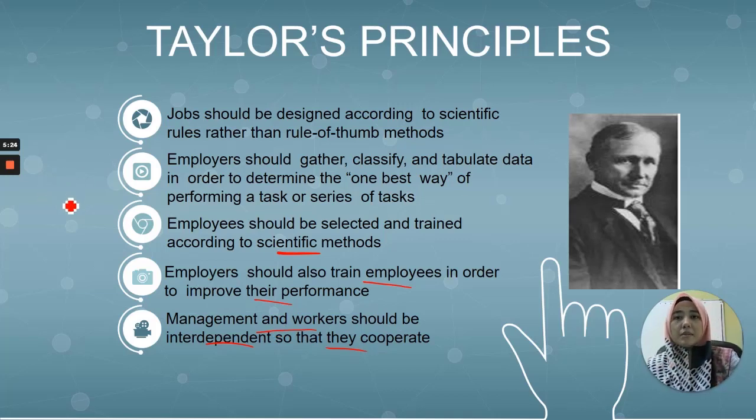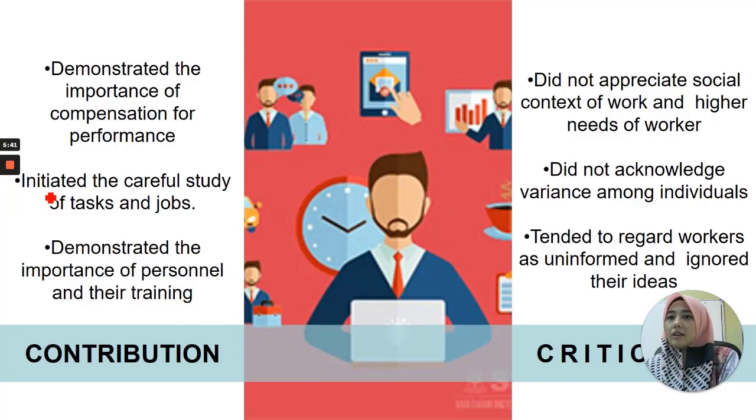So, walau dalam masa yang sama pun, maknanya dia memang interfere lah dengan dia punya pekerja. Bermakna dia memang sentiasa train, dia memang sentiasa tengok bagaimana pekerja ini bekerja, tetapi dia punya sole aim objective is to increase the production.